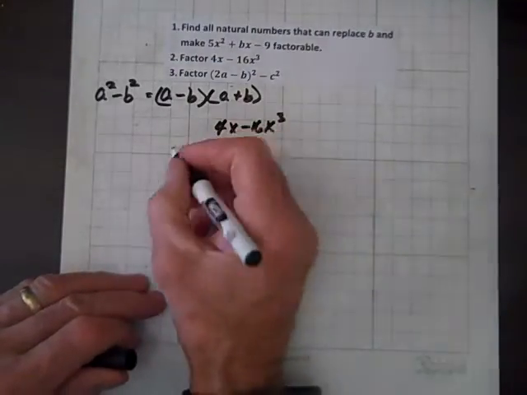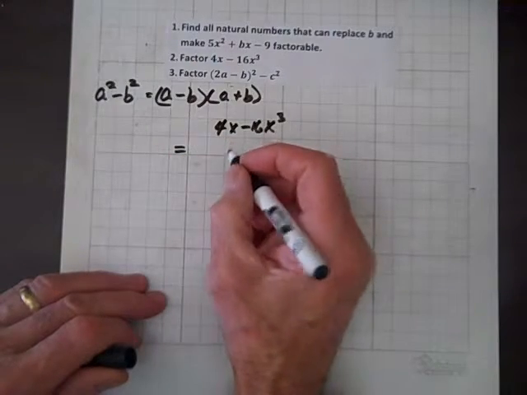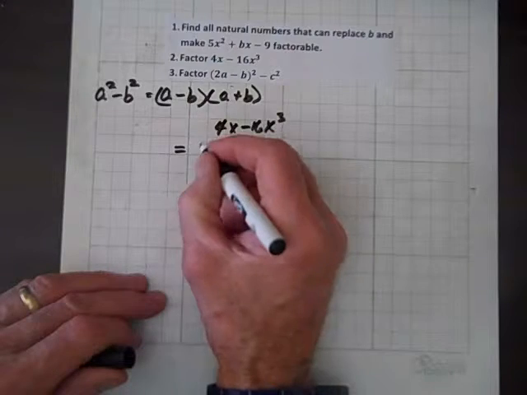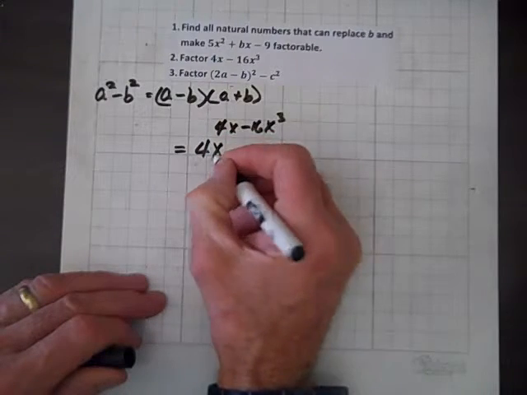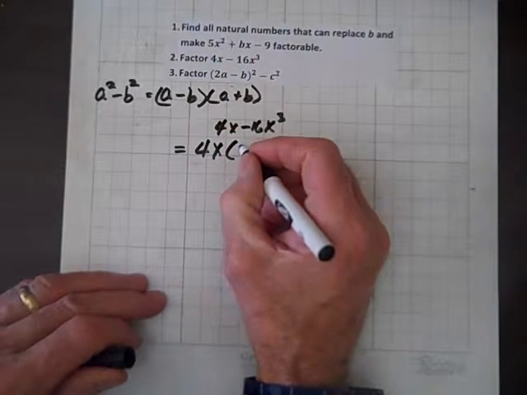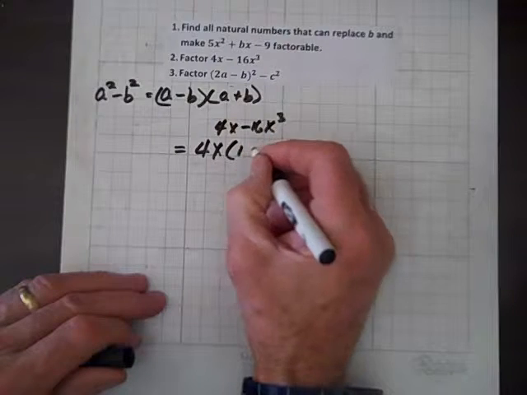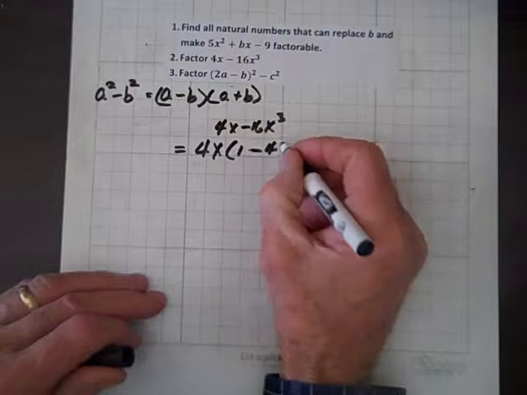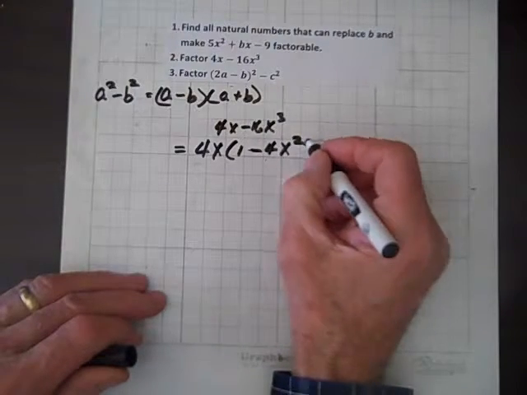The first step is factor out any common factors. So 4 is common to both terms, as is x. So we get 4x times 1 minus 4x squared.